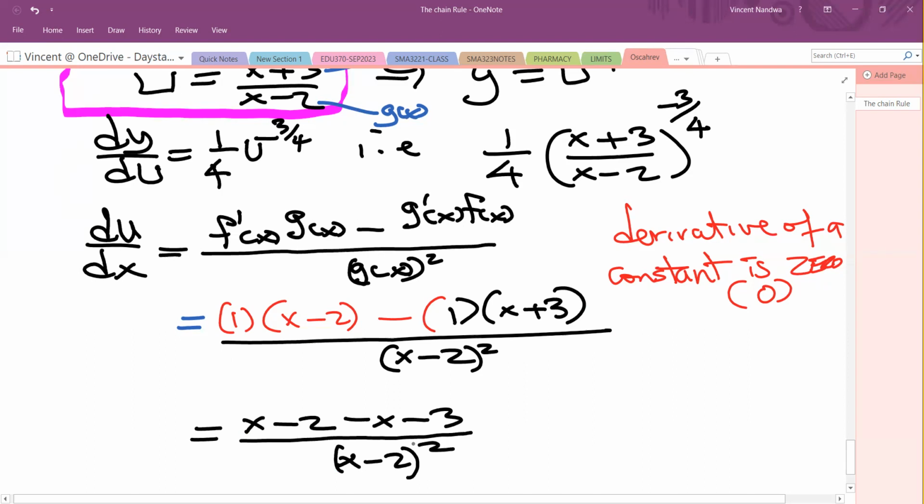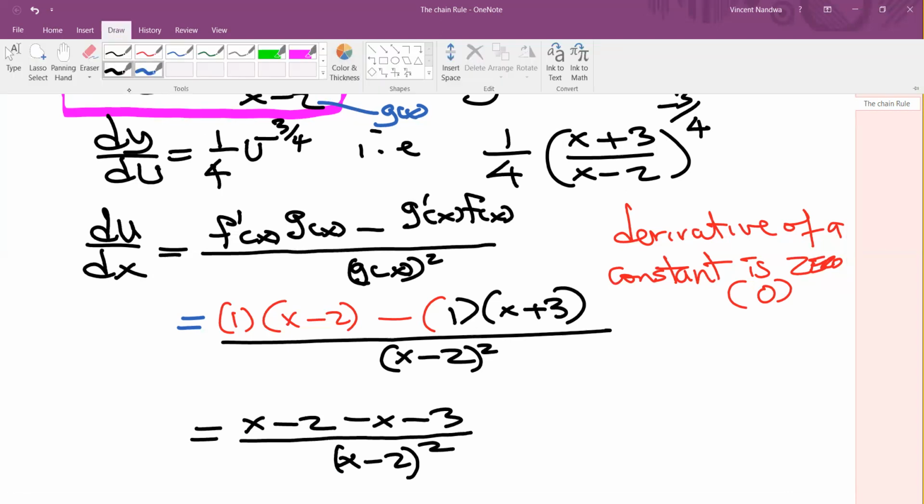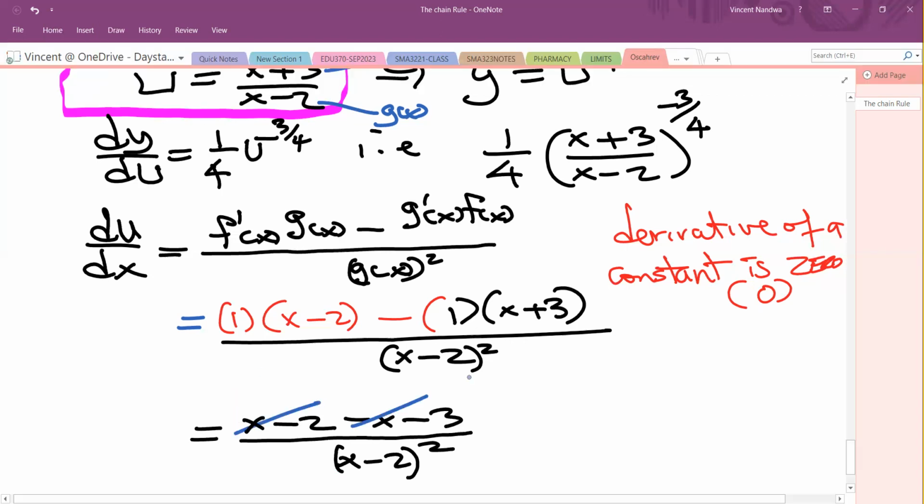Okay? When you see a constant derivative, then you know the answer is 0, okay? Yeah. So then now, hapa x na minus x na cancel out, eh? So minus 2 minus 3. Minus 5, sindio? Sasa hii ndio inatupatia du/dx.